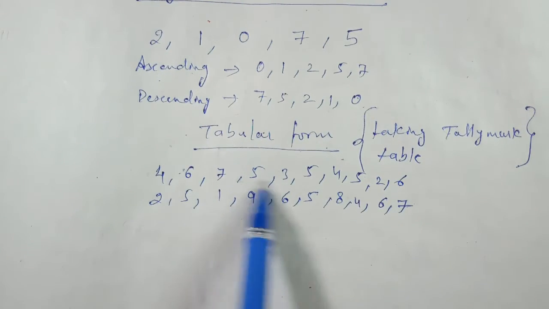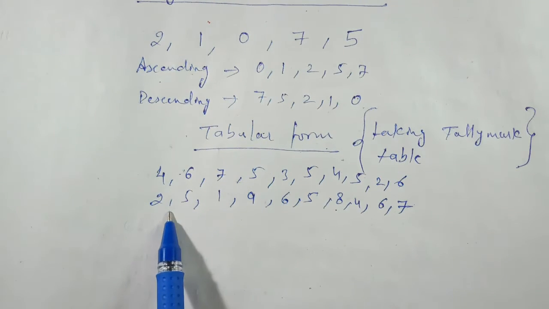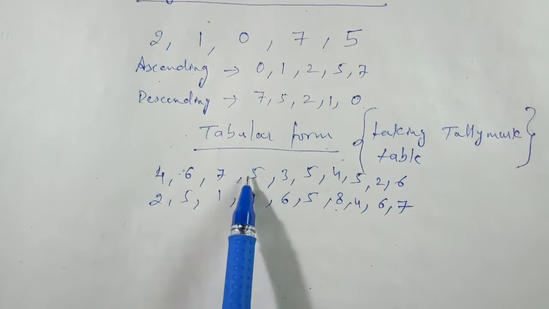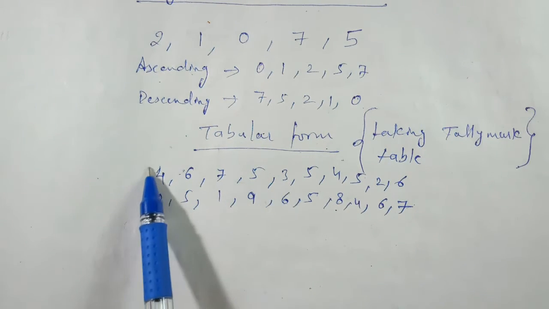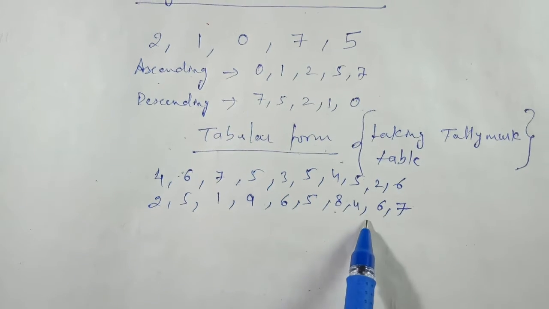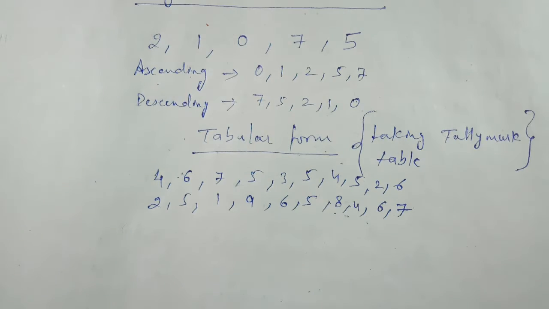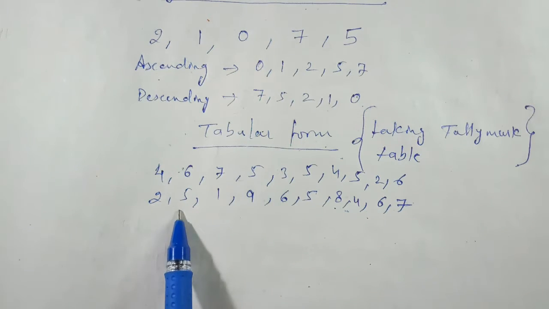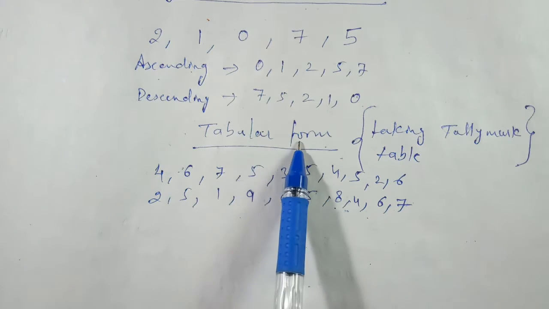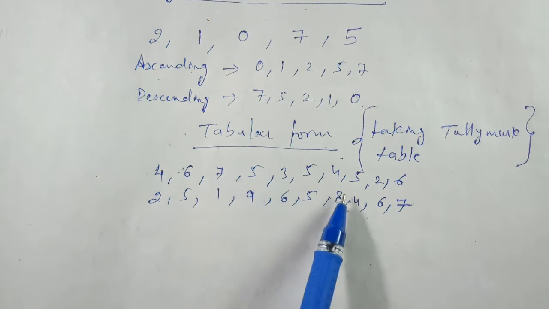This data is not very small. You can say it is small, but not very small. If we write it in ascending or descending order, it will take a little time. Also we observe that some numbers are repeated.